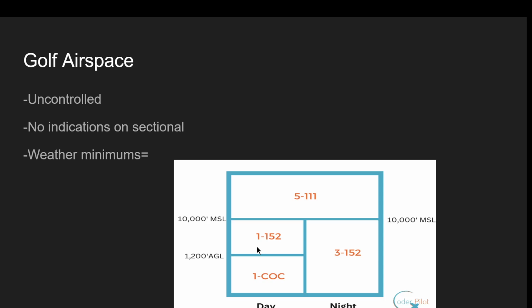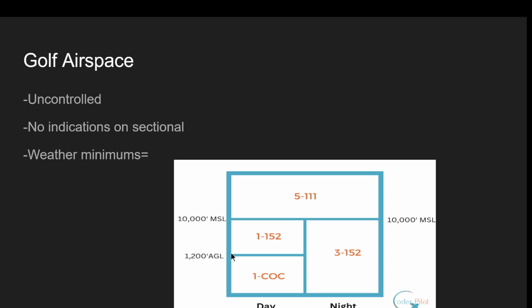Yeah, that's really rough. A lot of different minimums here. So during the daytime, from surface to 1,200 feet above ground level, AGL, you're sitting at 1 statute mile visibility, clear of clouds. This should not be your personal minimums. Please do not fly any 1 statute mile visibility ever. Please don't do that.